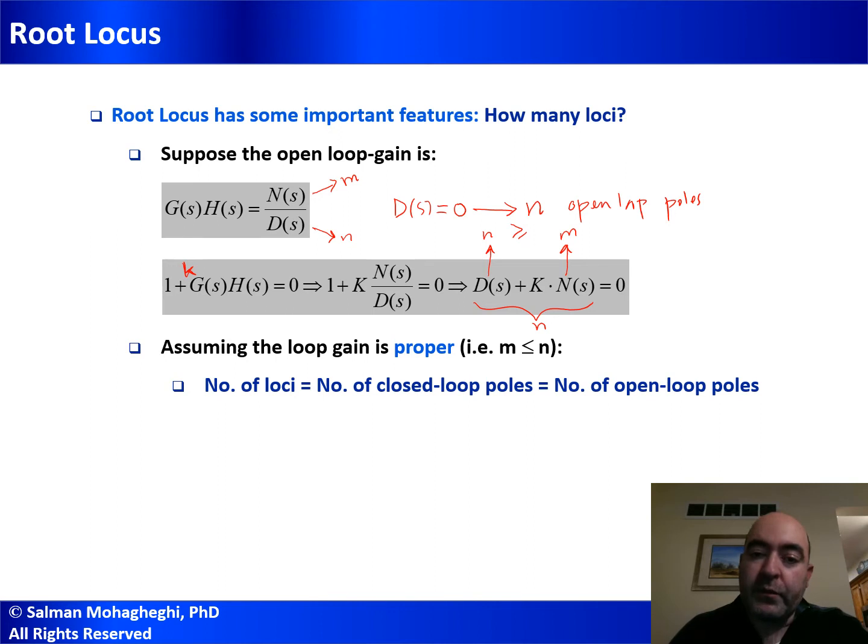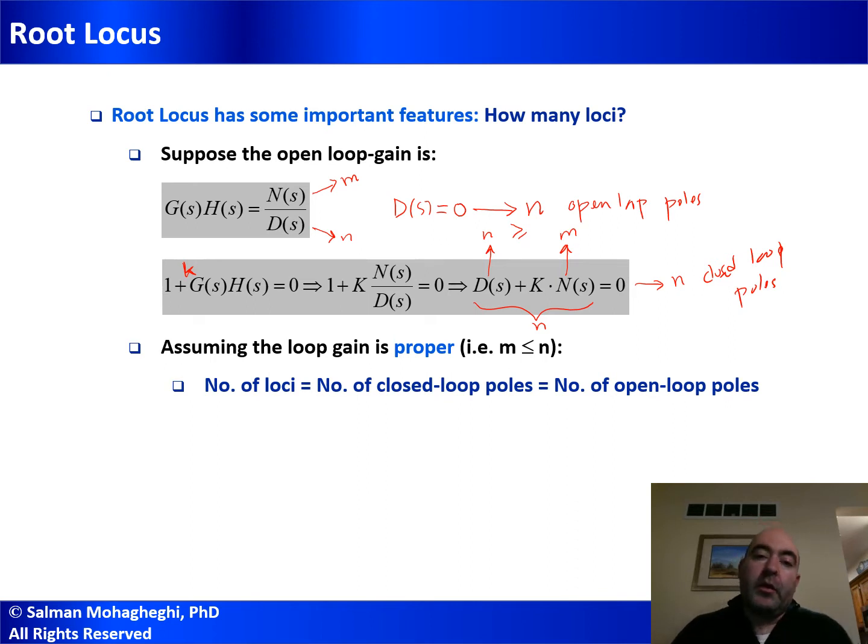So if I want to find its roots, I will have n values, which means I will get n poles for the closed loop system. What does that tell me? For a proper transfer function, the number of poles for the open loop system is the same as the number of poles for the closed loop system.